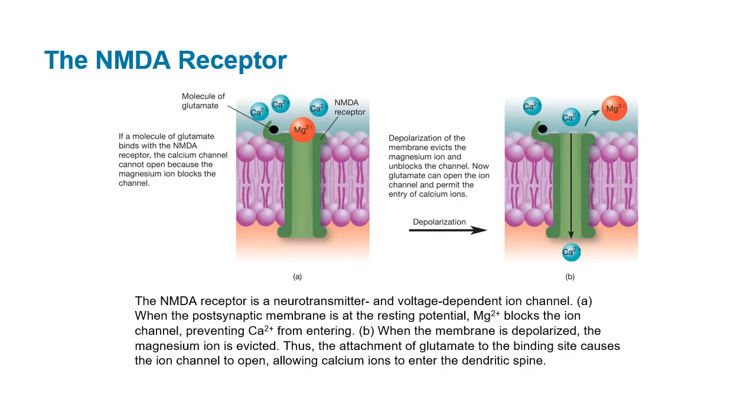So here we've got it, and this is showing basically what's happening. There's a magnesium ion that's blocking the glutamate from binding. When the cell depolarizes, that is kicked out.